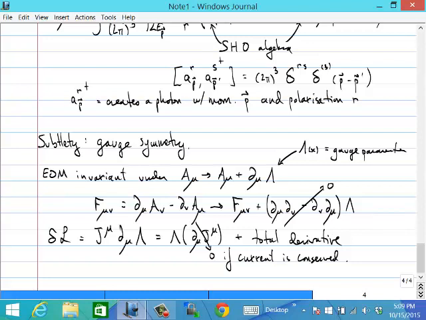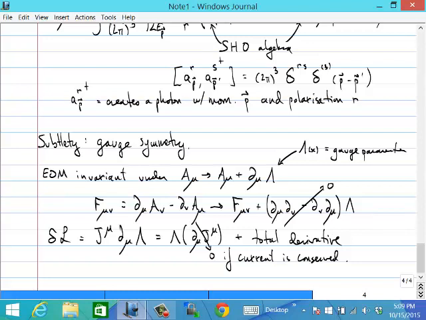So this symmetry is all well and good, but I should point out that the symmetry is kind of different in character from the symmetries that we've met so far in this class. If you think of, for example, a complex scalar field, that has a symmetry under a charge rotation where you multiply phi by e to the i times a constant. But it was just one number. That constant was one number.